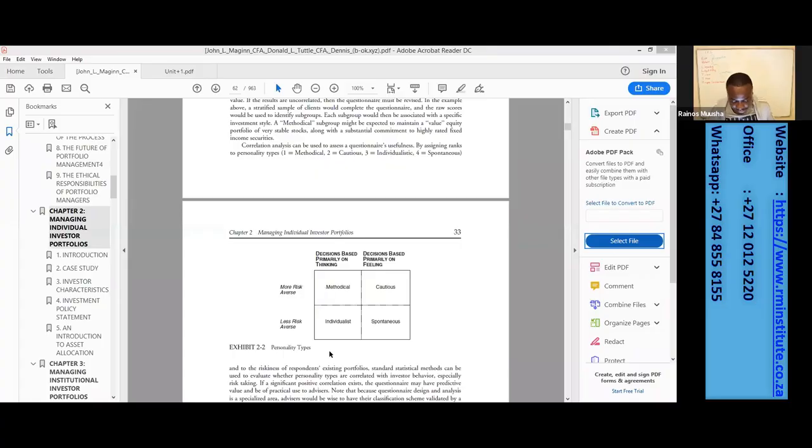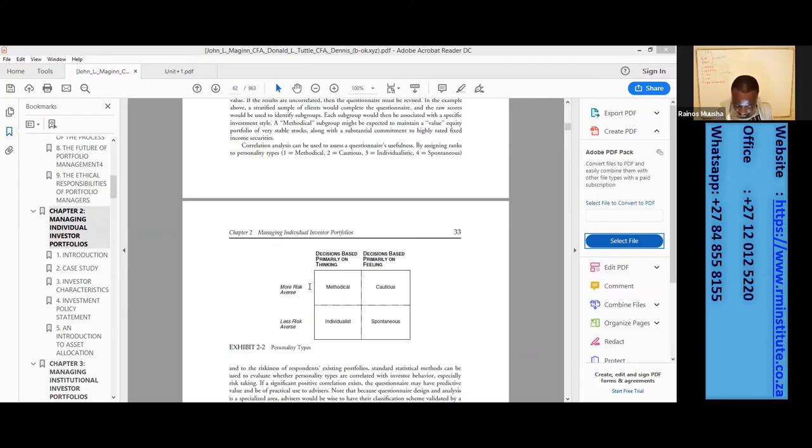the matrix that is generally used to assess the personality types of different investors is basically something like this. When an investor is more risk averse, and at the same time, they make their decisions primarily based on what they're thinking and the investment philosophy that they think should apply, we describe these investors as methodical investors.